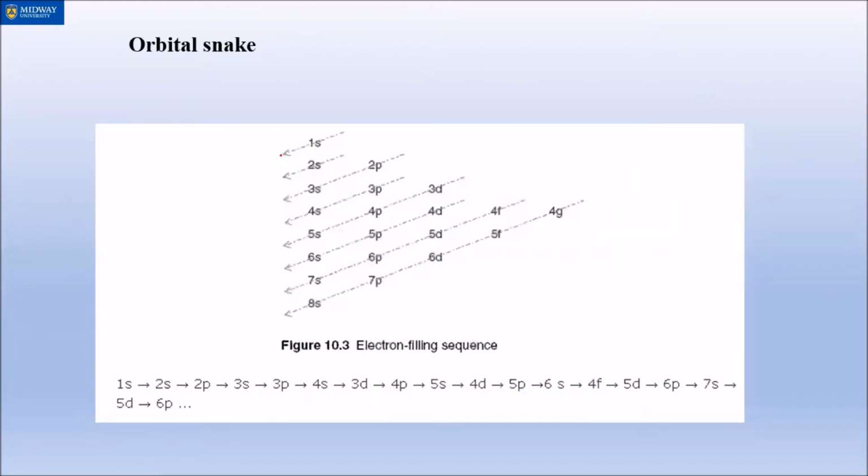What this is saying is you start with 1s, and then it goes to 2s, and then connects back to 2p, and then 3s. The line goes in between to connect. What students used to do is connect the tail to the head, tail to the head, and then they see that's not what the professor said, and they get it wrong.